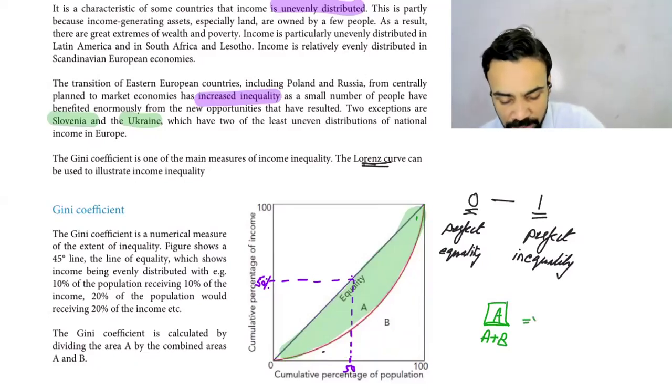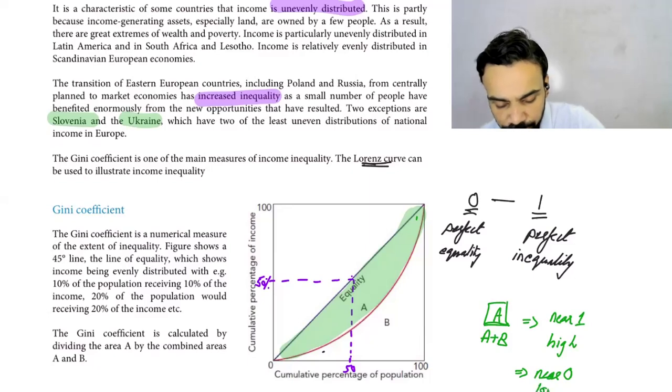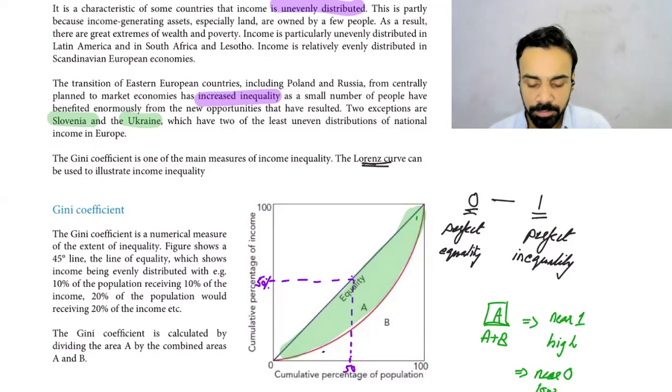If you get a high index, near 1, that means you have high inequality. You follow? And if your value is near 0, that means you have low inequality, right? So this is how we make the discussion.